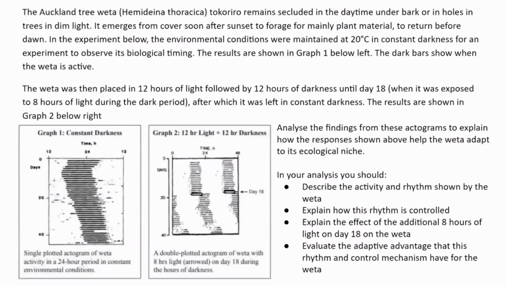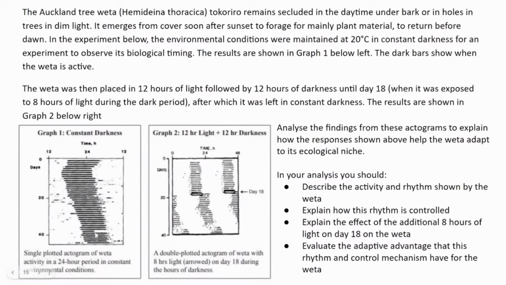So essentially they took a tree weta and they placed it in an environment where it was in constant darkness for a number of days. Looks about 45 days or so. Okay. They kept everything constant, temperature, darkness, etc., all the same to observe its biological timing.